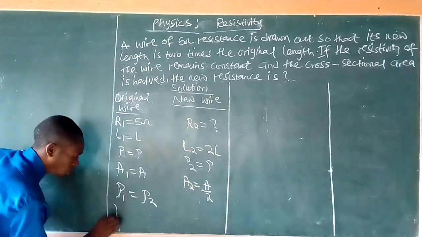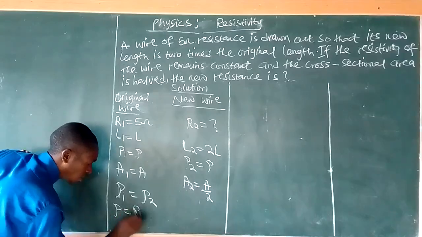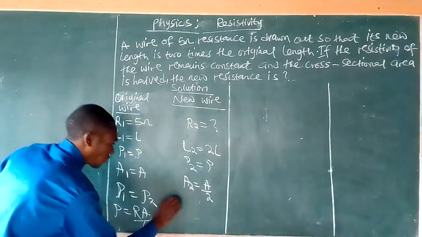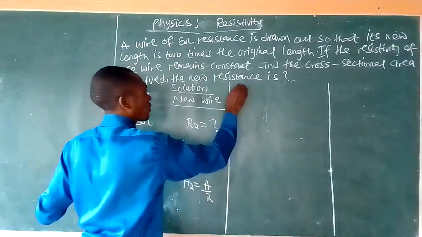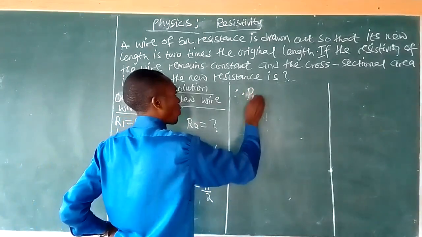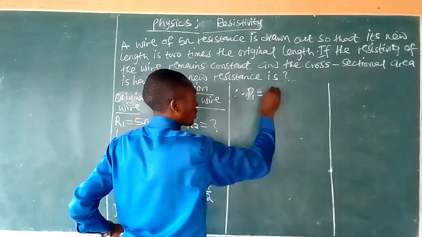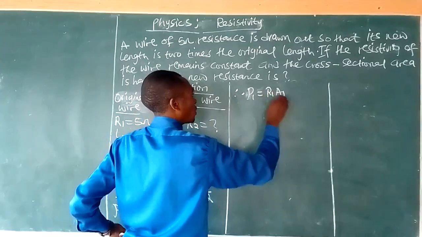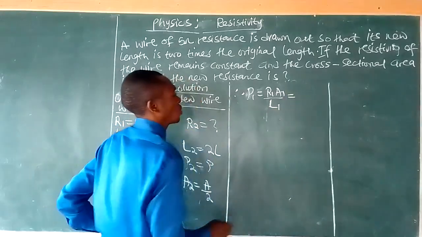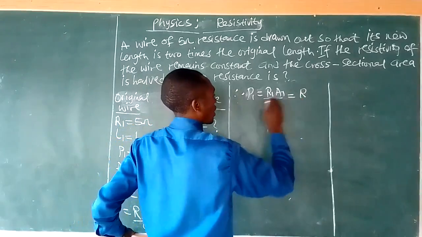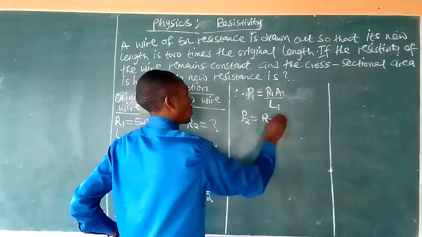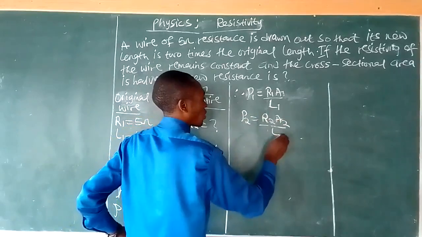I know the formula for resistivity is rho is equal to R times A divided by L. So therefore we're going to have that rho 1 is equal to R1 A1 over L1, which is equal to, for the second one, the same thing, R2 A2 over L2.